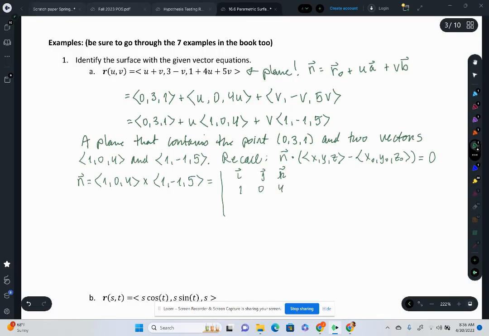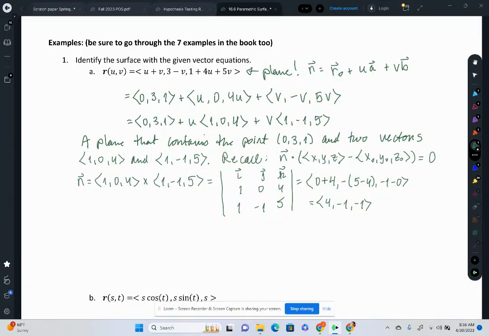In my first component, I get 0 minus a negative 4. In my second component, I get a minus 5 minus 4. In my third component, I get a negative 1 minus 0. This simplifies to be the vector with components 4, negative 9, negative 1. All right, so this is normal to the plane.